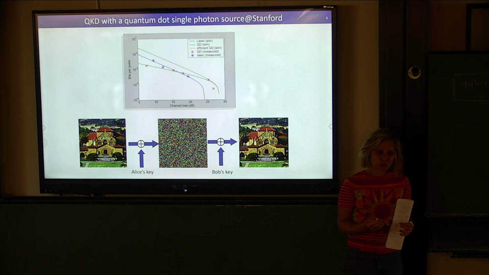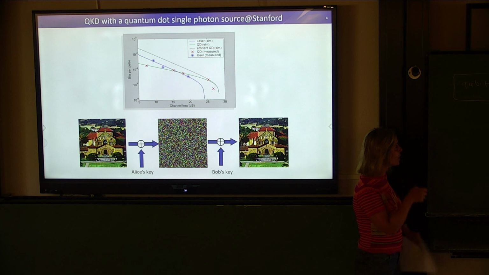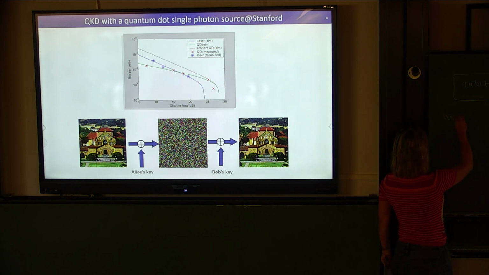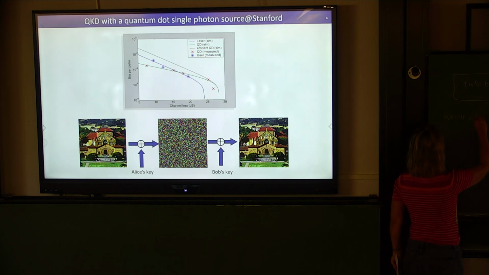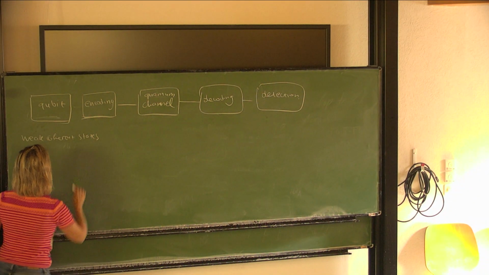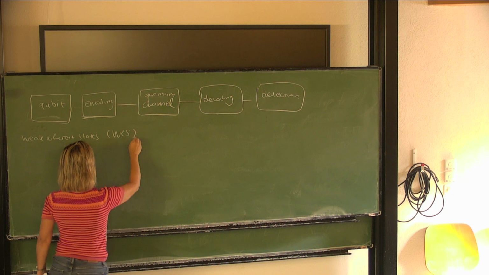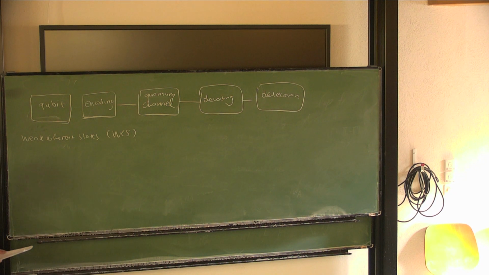So this is very difficult to do, okay? And so what have we been doing for ages? We have been using weak coherent states, okay? Or attenuated laser pulses, if you want. This is the assumption that we use. And so this introduces a critical new quantity in the security analysis that is essentially the average photon number per pulse, okay?